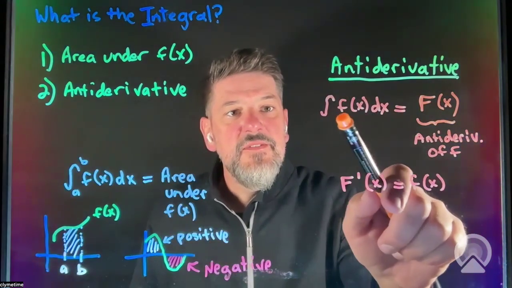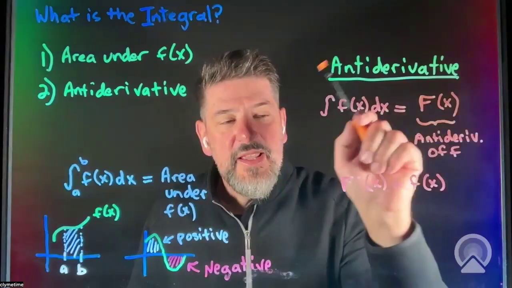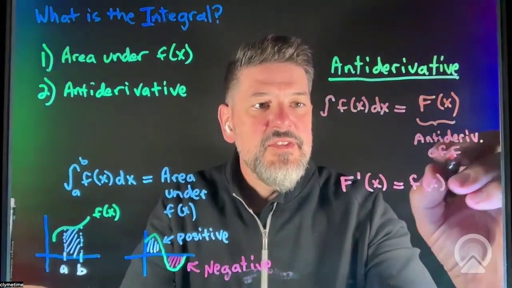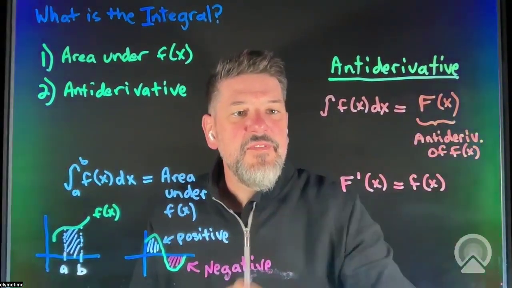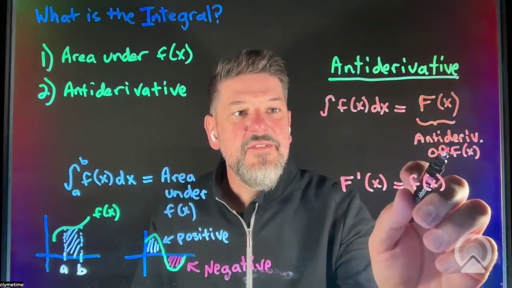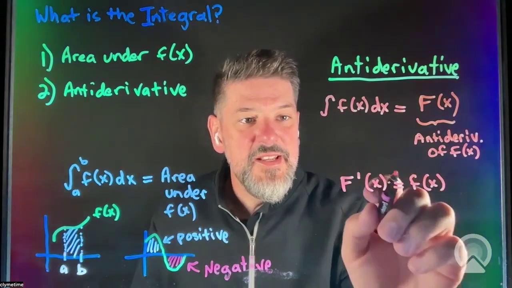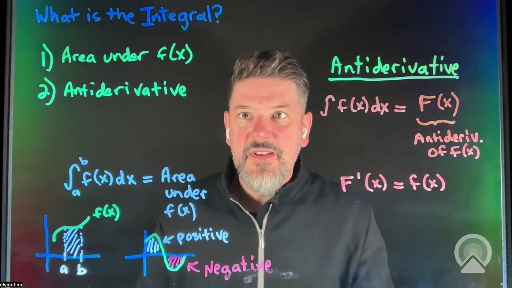So the integral of f of x dx, little f of x dx, is equal to capital F of x, the antiderivative of f of x. So that means that if I take the derivative of capital F, I get little f. If I take the integral of little f, I get capital F. All right, so those are the two parts of the integral.